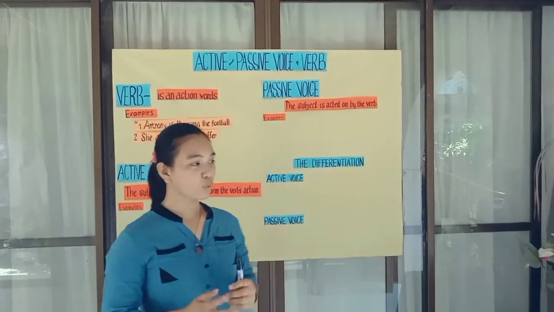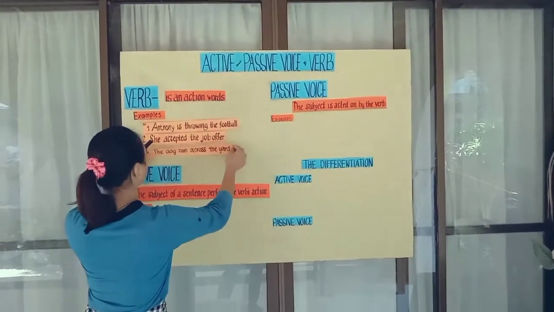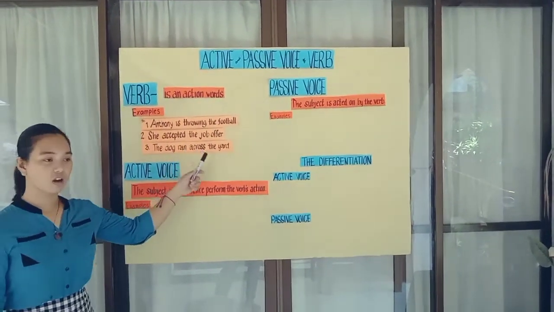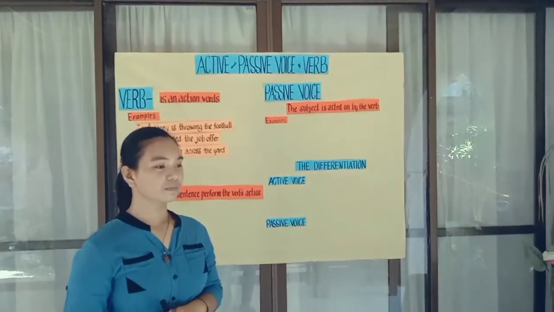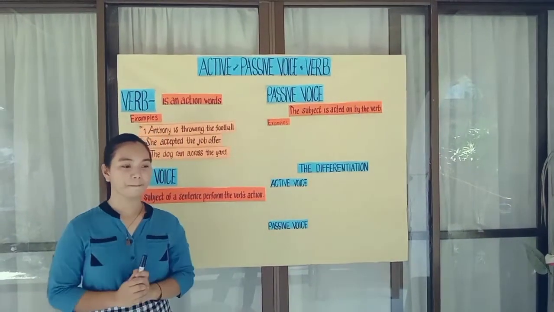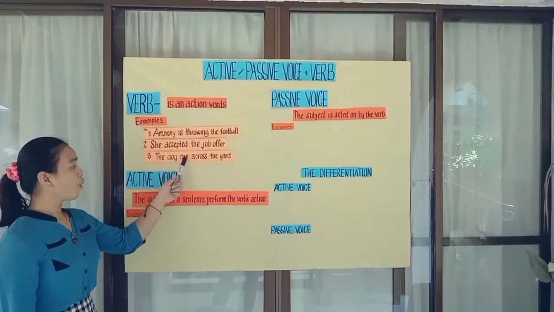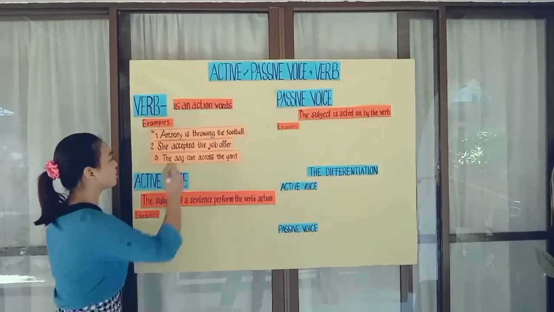So the last one is: the dog ran across the yard. Who would like to answer? Okay, Mr. Oxin? Very good. So the word ran here is the action word.